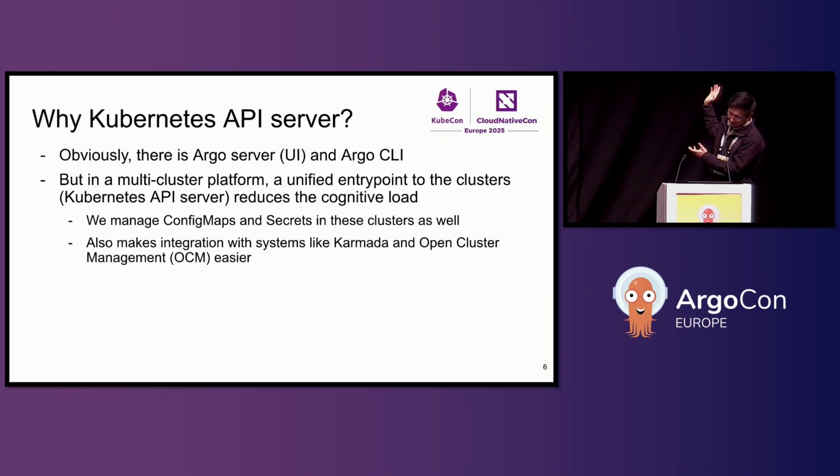For example, things like artifact ref or access keys for S3 and that kind of stuff. Using the Kube API server as a unified entry point also makes integration with other systems such as Open Cluster Management easier because they use, I think, work manifest, and they don't speak Argo at all.